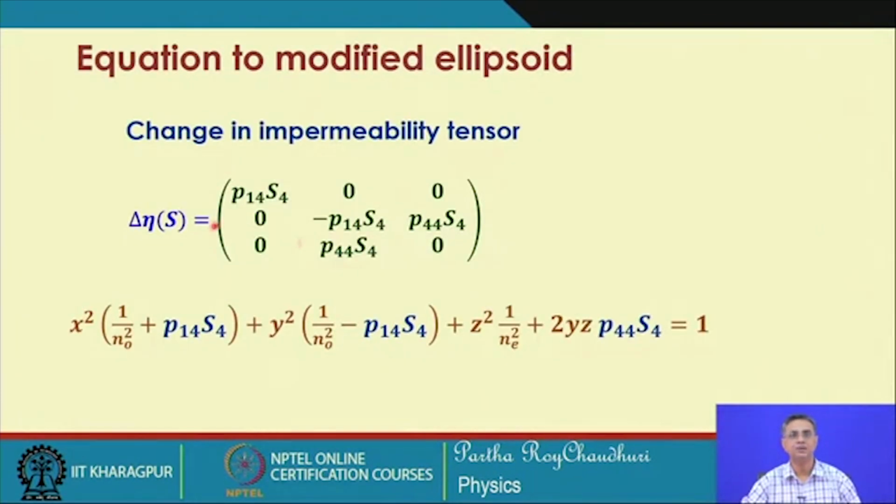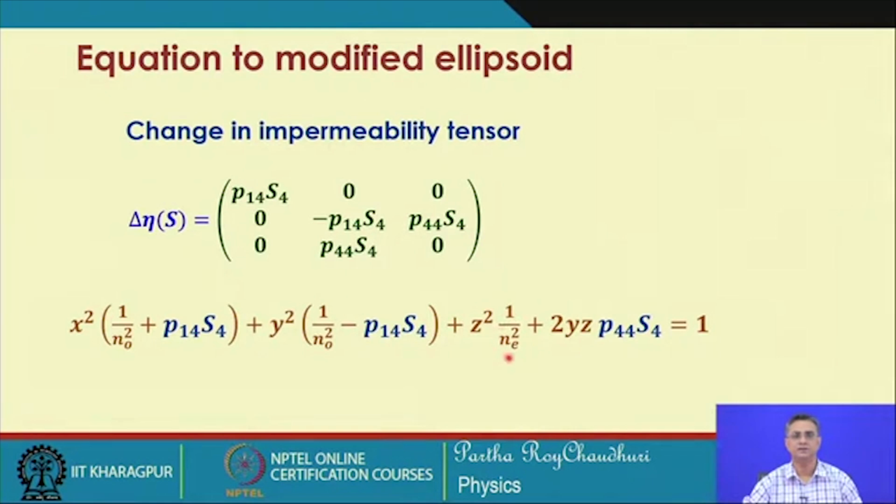So, we can write from here the index ellipsoid in this form: x squared times 1 upon n_o squared, which is the original refractive index, plus this, and 1 by n_o squared minus this quantity, and these two go to the off-diagonal to form this cross term, that is y into z multiplied by this, which is also very simple and straightforward; we have seen it earlier also.